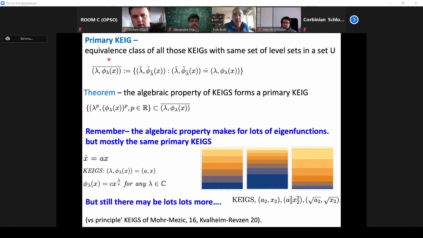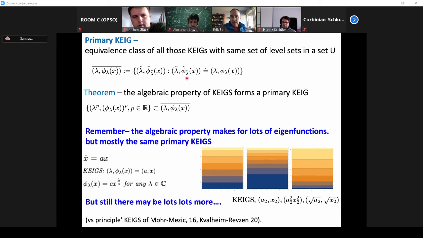So I decided to name something which would be the set of level sets that match, and I call that primary eigenfunctions. I like the phrase Keig for Koopman eigenfunction and eigenvalue. So let's make a quotient set, which will be the set of all eigenfunctions and their eigenvalues where the set of level sets match, and that's what I mean by this equal sign with a dot over it.